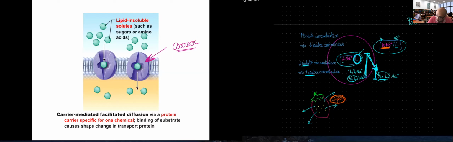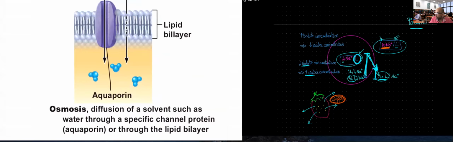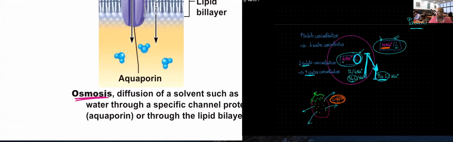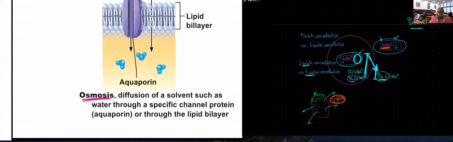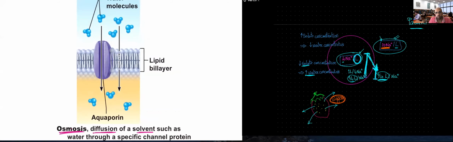I'm not moving the solute, I'm moving the solvent, I'm moving the water. It's passive, but I'm not moving the solute, so I cannot call it diffusion. I will call it osmosis. So osmosis is simply the diffusion of the solvent. So the water is the one that's going to be moving. Why?